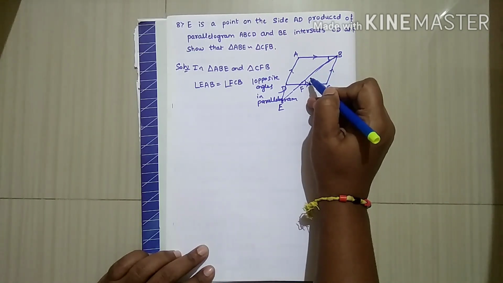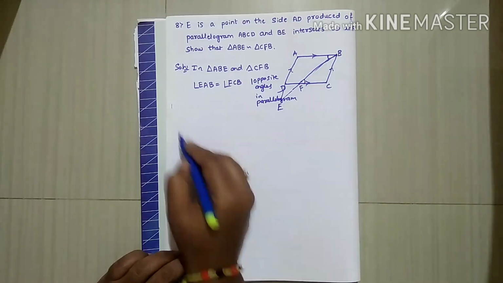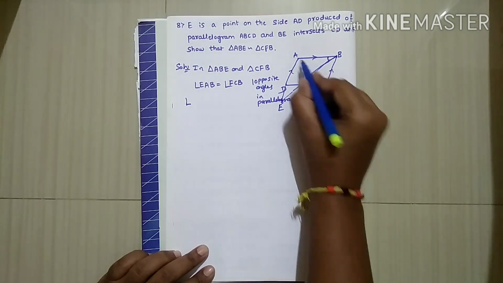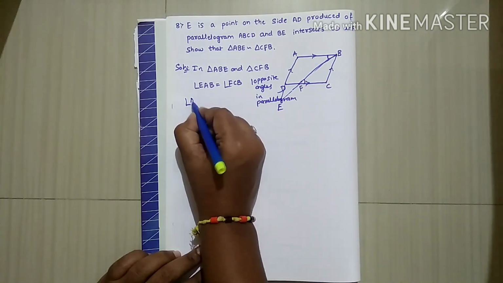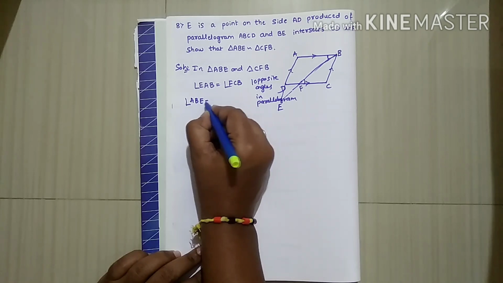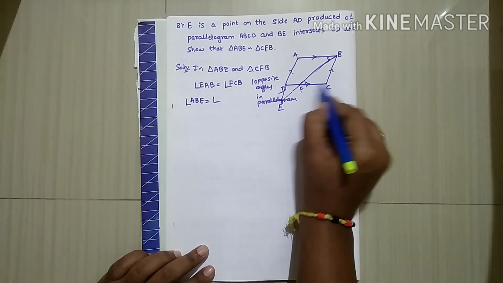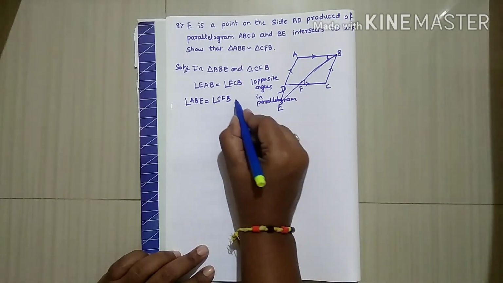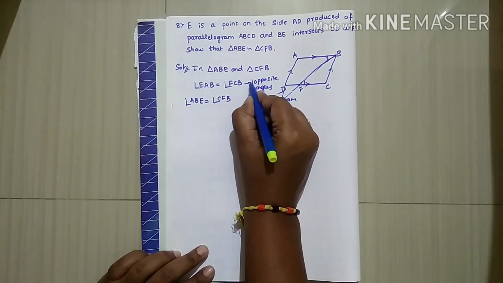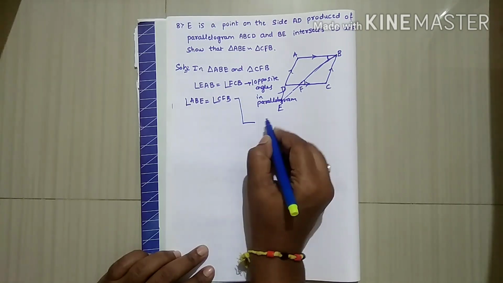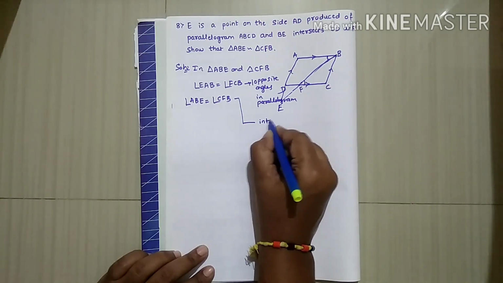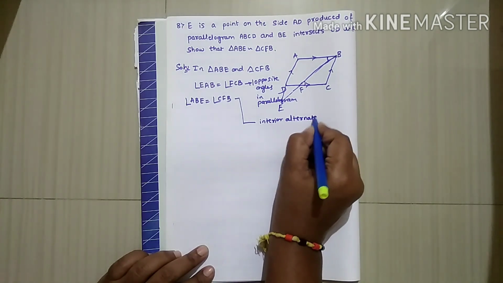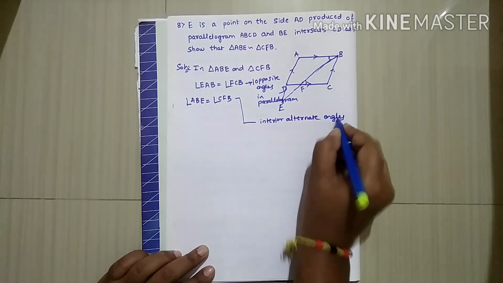Always interior alternate angles will be equal if the lines are parallel. Therefore, in triangle ABE, angle ABE is equal to, in triangle CFB, angle CFB. Both angles are equal. The reason for this is interior alternate angles.